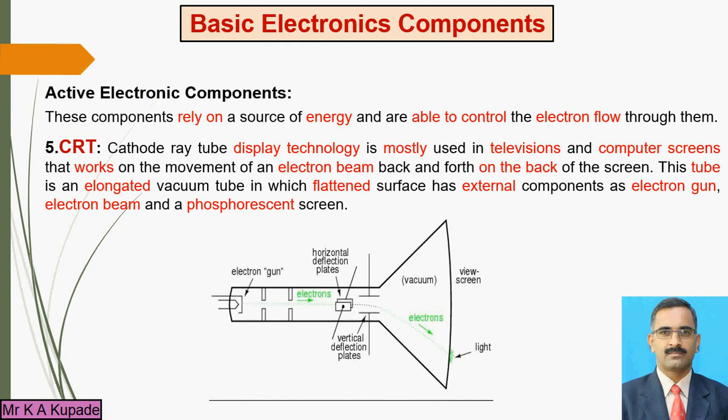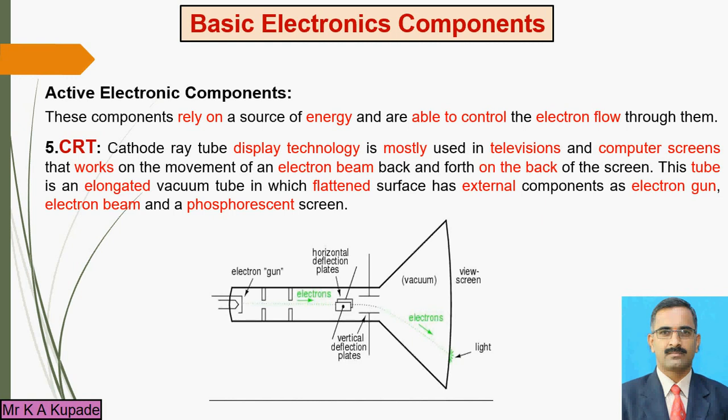For that, an electron gun is used, which passes electrons that bombard the screen, right? So this is the CRT. Nowadays the CRT's place has been taken, as I said, by LCD or LED screens, right?